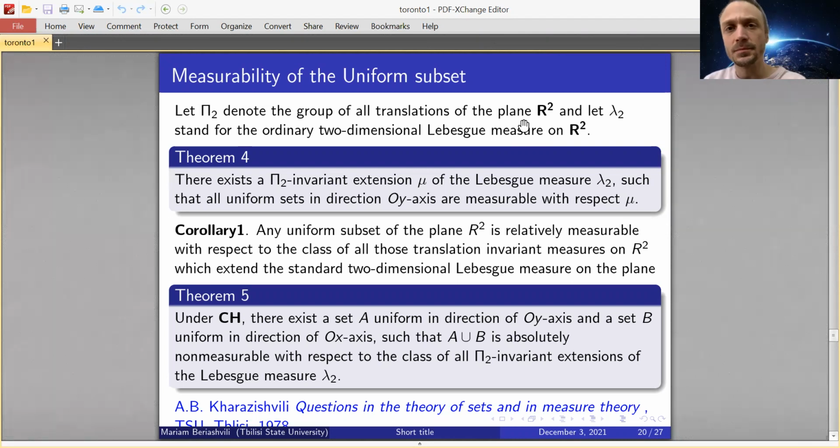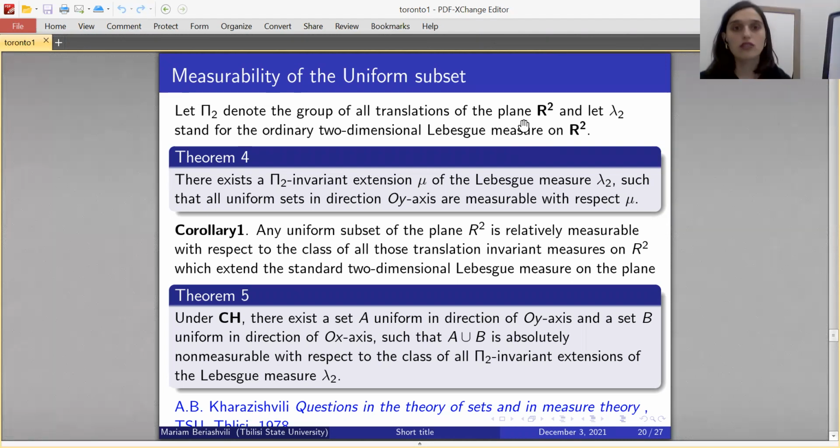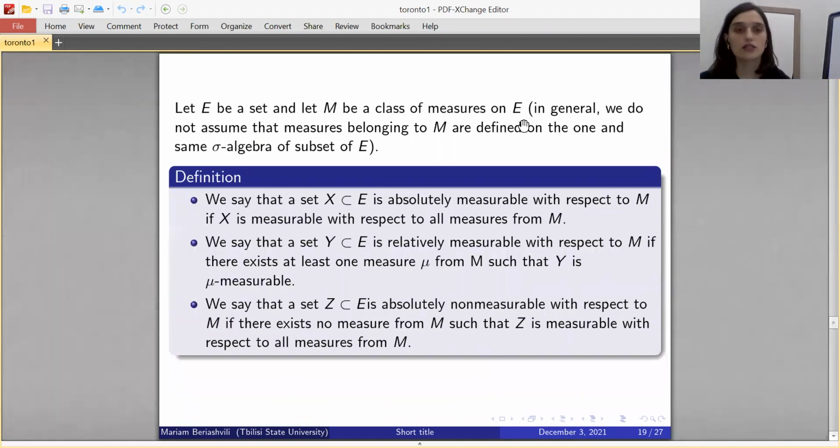Okay, now about the measurability properties of the uniform subsets. We need these auxiliary definitions: absolute measurability, relative measurability, and absolute non-measurability, which means that we consider measurability with respect to a class of measures and not a single measure.